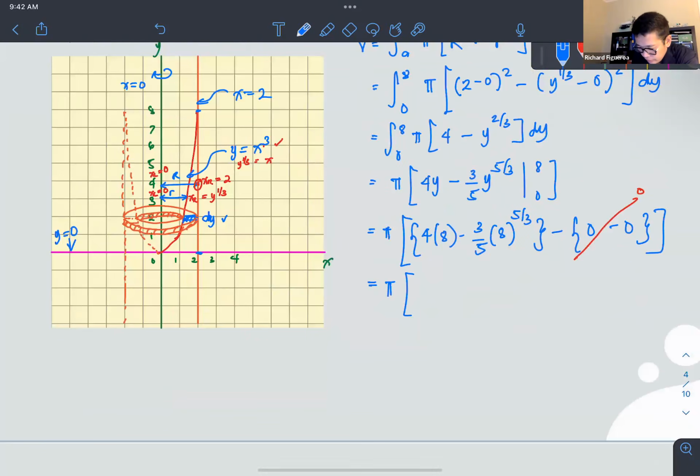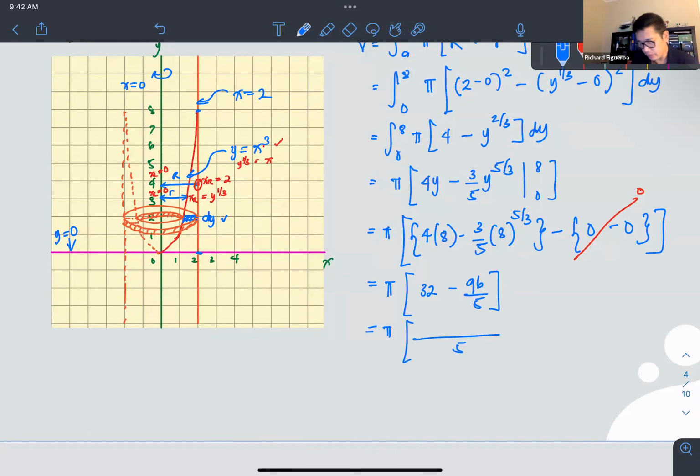So this one is 0. And pi, so 4 times 8, that is 32, minus 8 raised to 5/3. So cube root ng 8 is 2. 2 raised to 5: 2, 4, 8, 16, 32. Times 3, 96/5. So we take the LCD, which is 5.